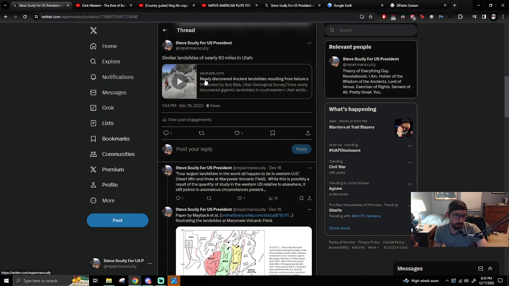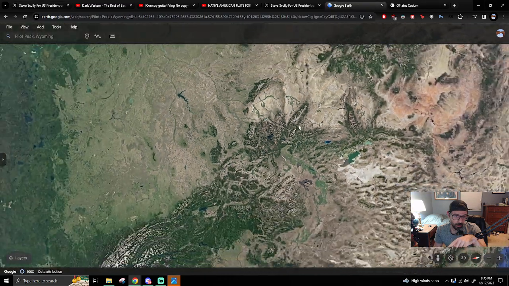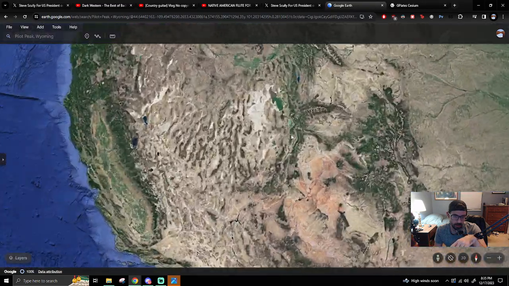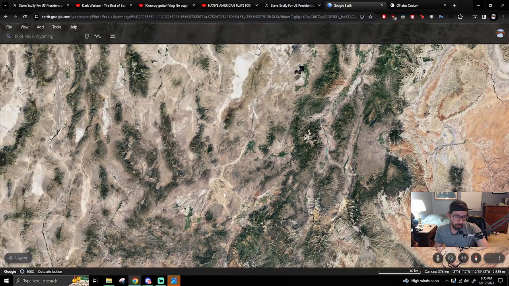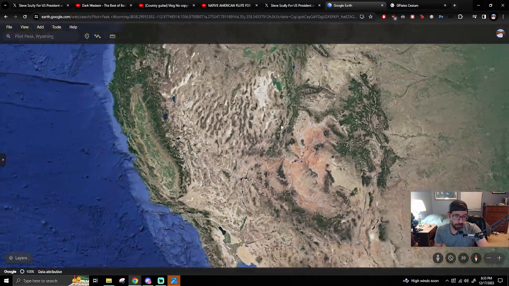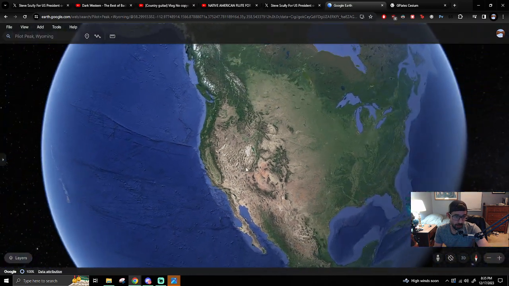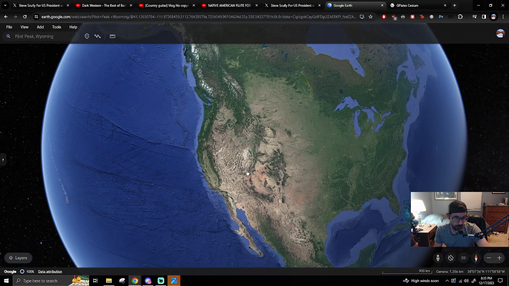who described 3 landslides in Utah, which are over here, again. So on the larger, zooming out, they're over here.